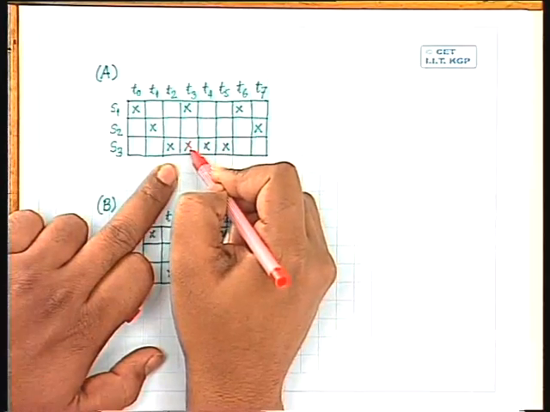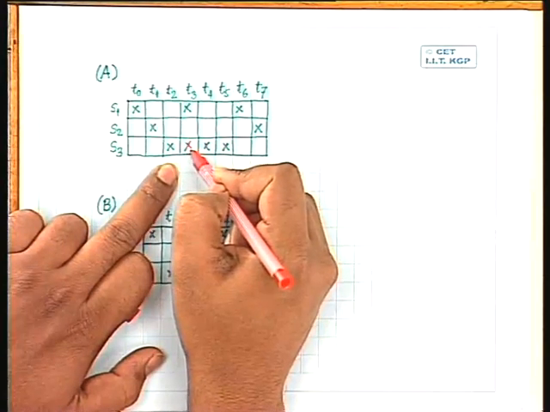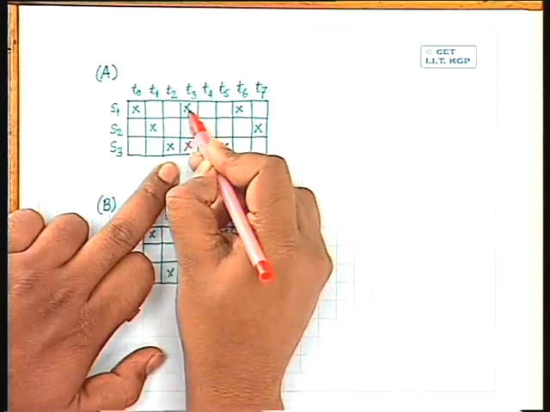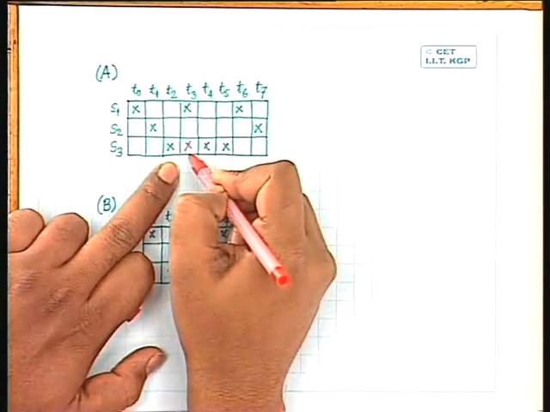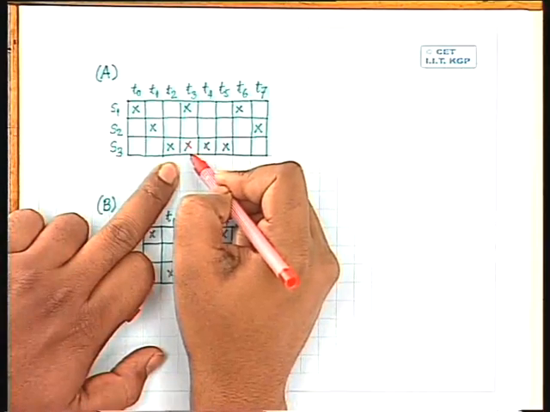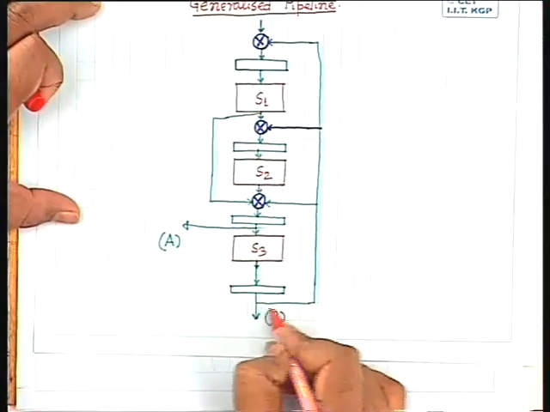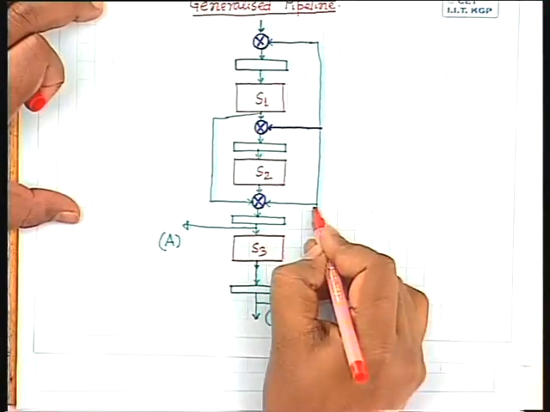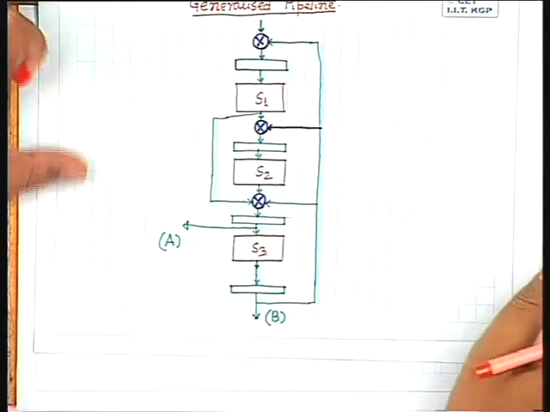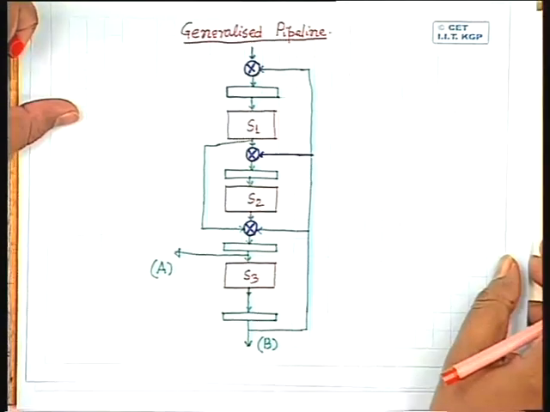That means I have to set the multiplexers in such a way that the output of S3 goes to both S1 as well as S3 itself. But there is no use of using both of them there. I mean, if you are using just S3, then we are not using the output of S1 after that. Going from S3 to S3 itself, going to S1 also. Okay. Yeah. But after that, you are not using. I mean, you can go back.